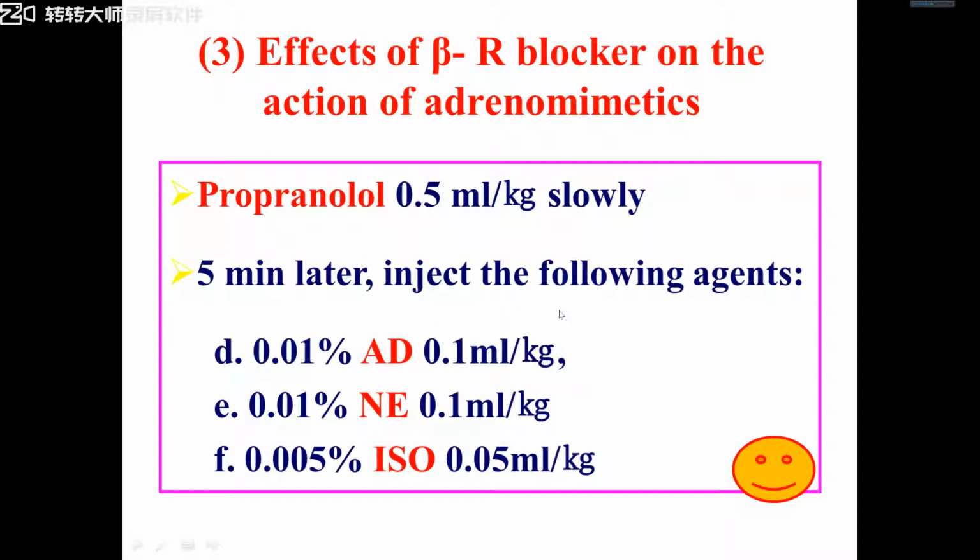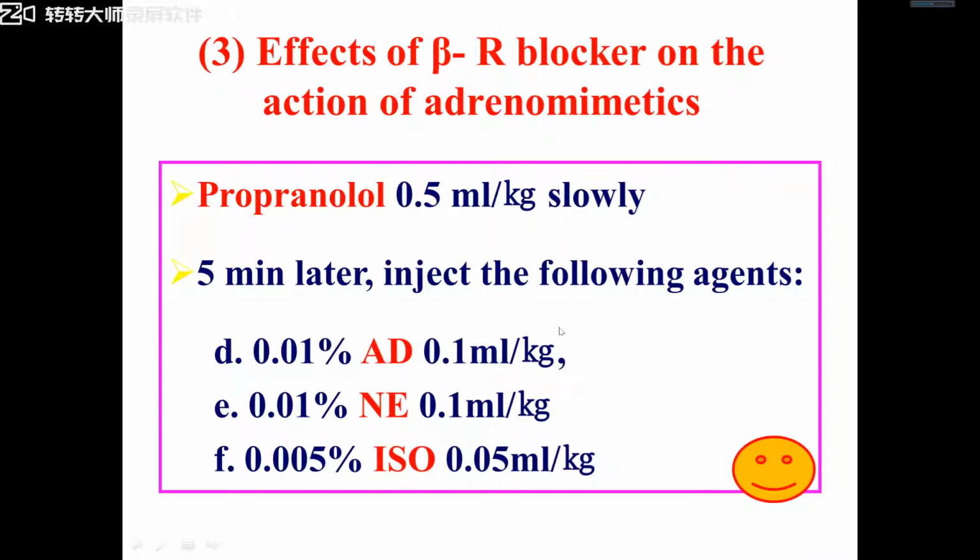We repeat the use of adrenomimetic drugs again. So we repeat adrenaline, noradrenaline, and isoprenaline, at the same doses: adrenaline 0.1 milliliter per kilogram, noradrenaline 0.1 milliliter per kilogram, and isoprenaline, the same dosage, 0.05 milliliter per kilogram.